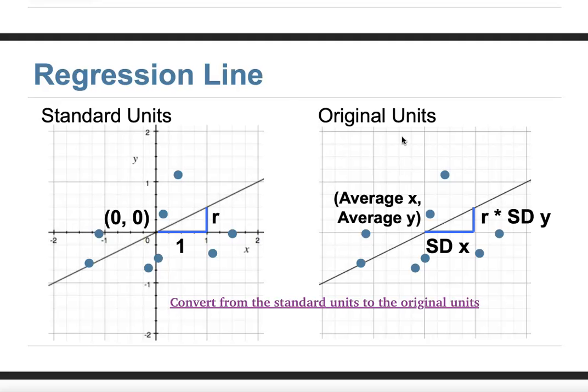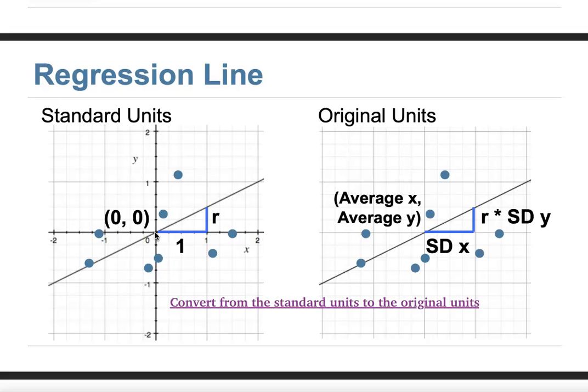We did the same thing to y. In other words, we shift our original scatter plot to the standard unit. The distribution still looks very similar, however the coordinates change. When we convert the original unit to the standard unit, we have the 0, 0 origin, which is the average of x and the average of y.